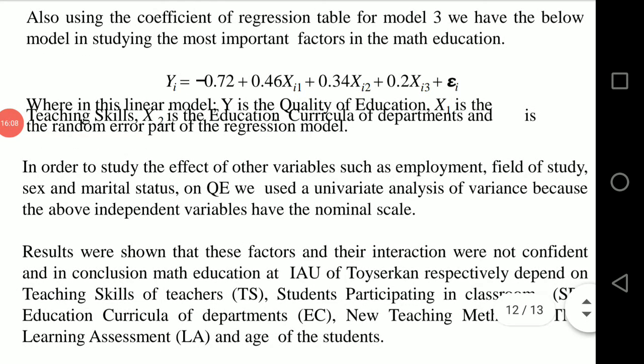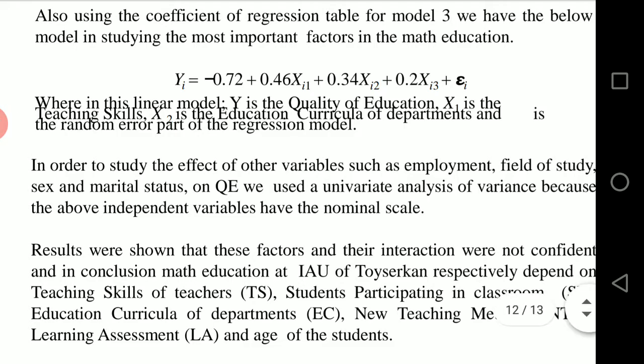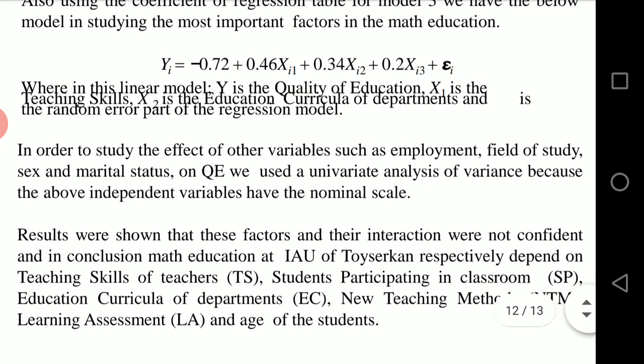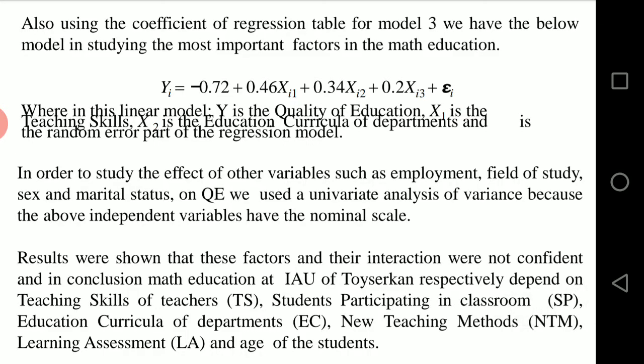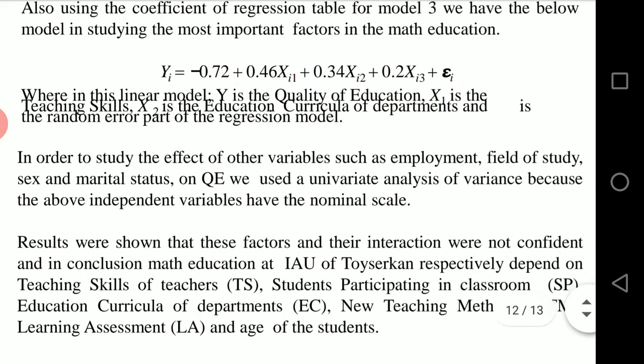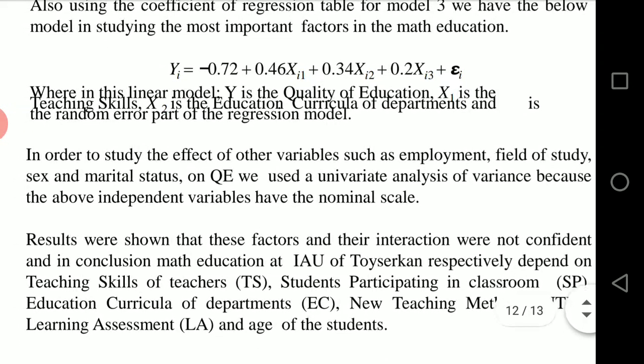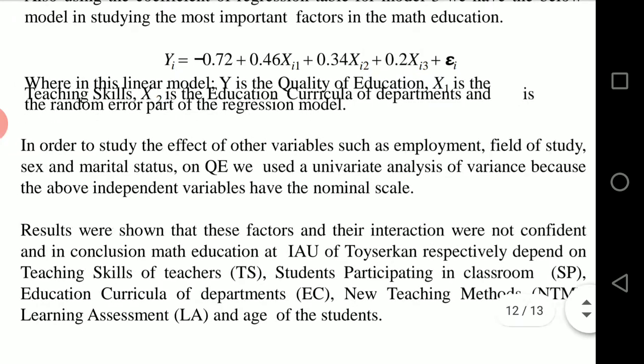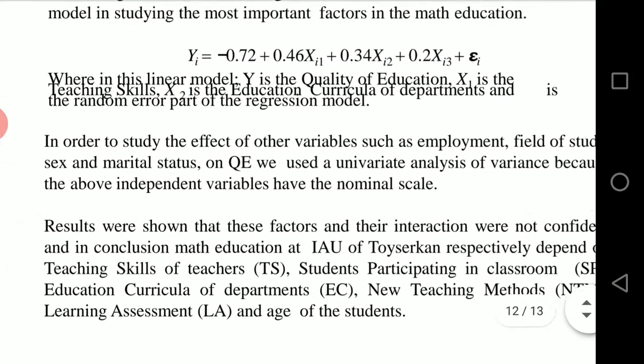Using the coefficient of regression table for model 3, we have the following model in studying the most important factors in math education. That means y_i equals minus 0.72 plus 0.46 x_i1 plus 0.34 x_i2 plus 0.2 x_i3 plus epsilon_i, where in the linear model, y is the quality of education, x1 is the teaching skills, x2 is the education curricula of departments, and epsilon is the random error of the regression model.